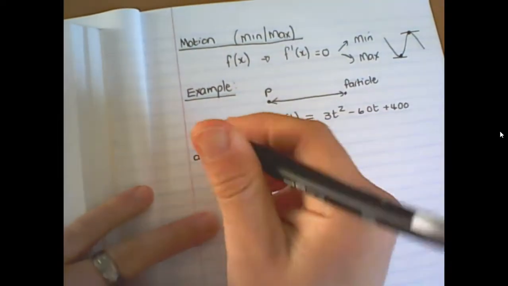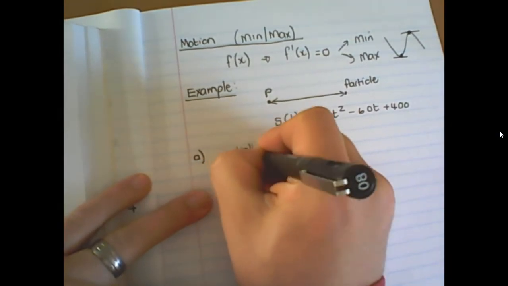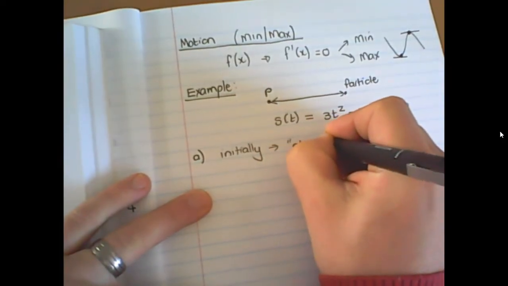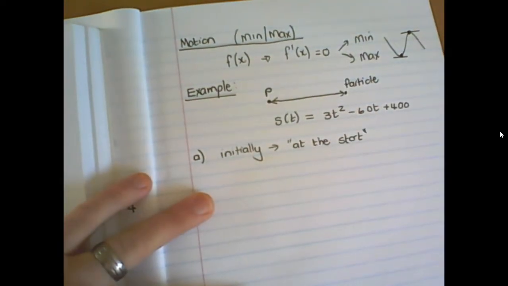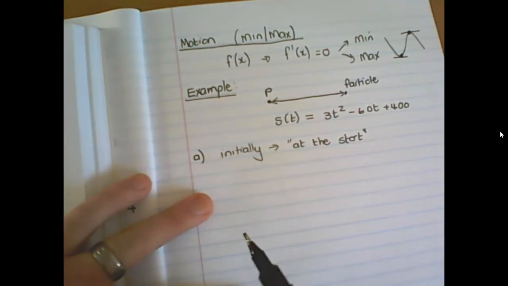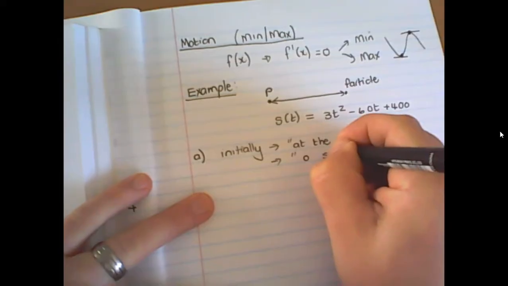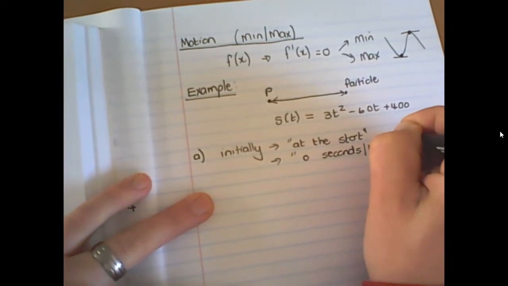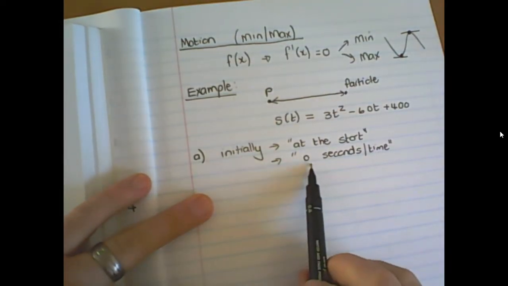Now the word initially means at the start, if I can say it like that. And also what we need to know is that t represents seconds. So initially and at the start can also mean 0 seconds or a time of 0, because when you start a stopwatch or start to make measurements, you start with 0.